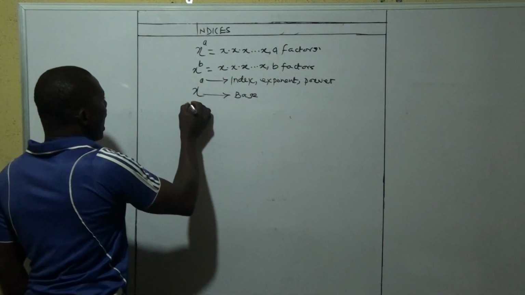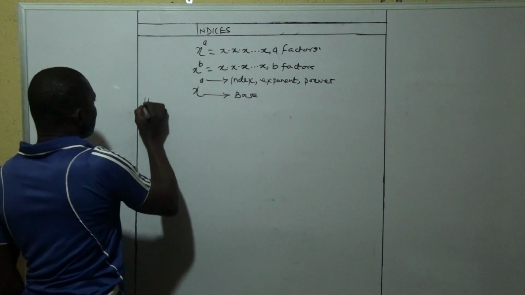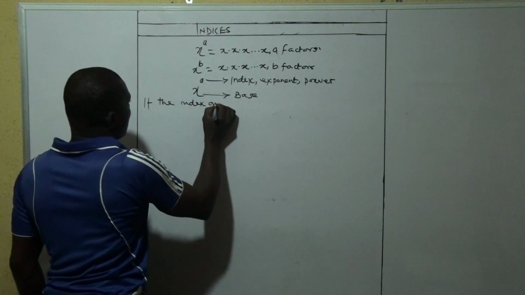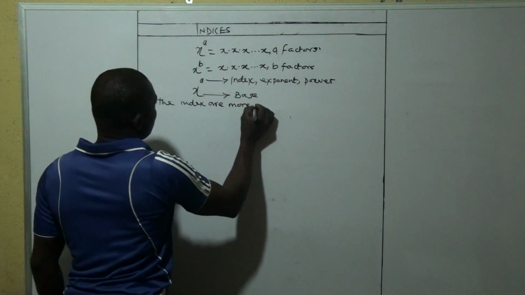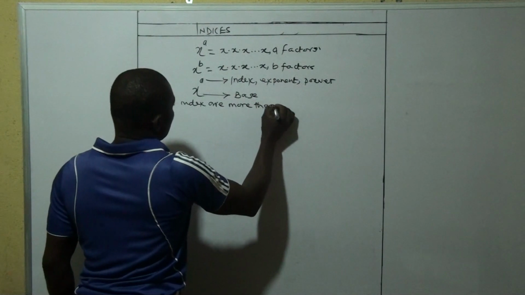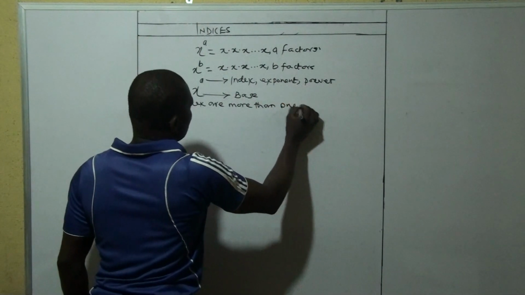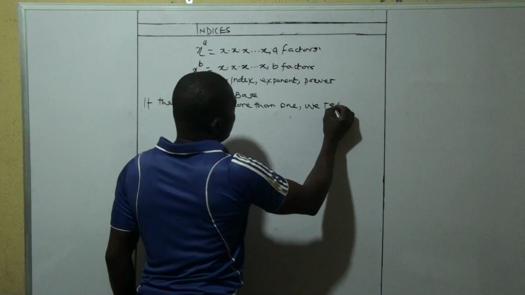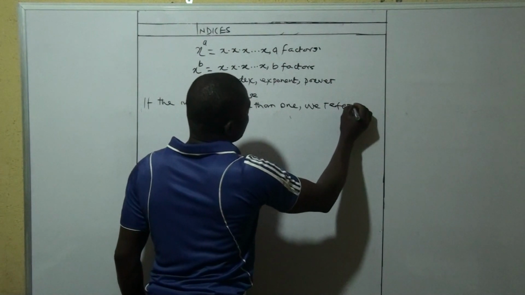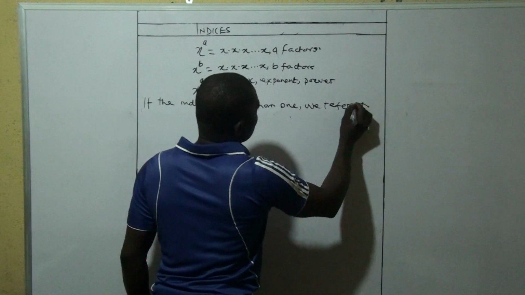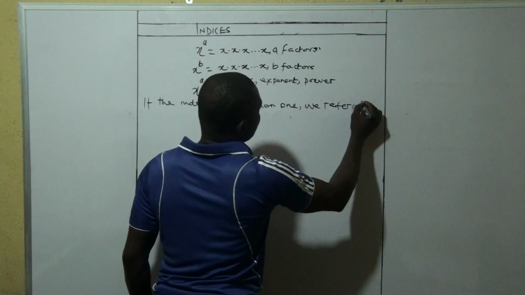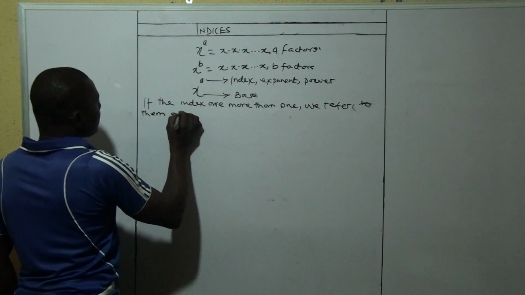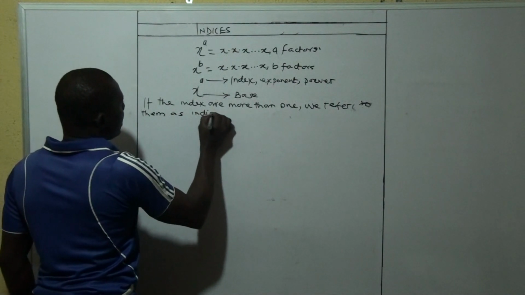Then for instance, we have an index, another index here. If the indices are more than one, we refer to them as indices.